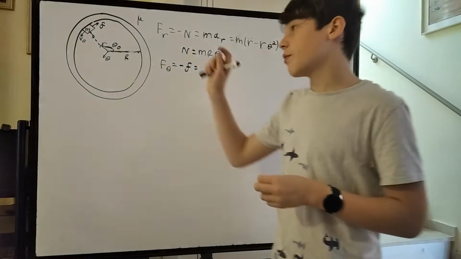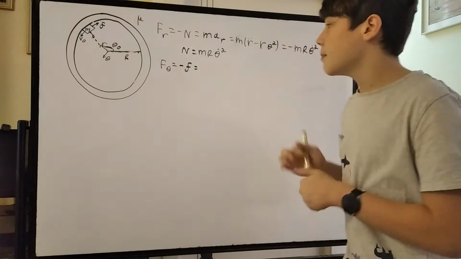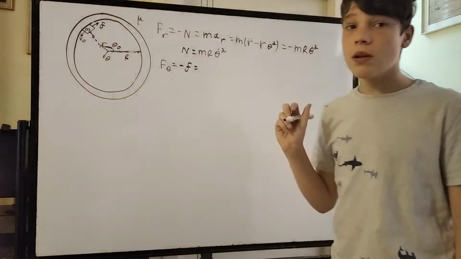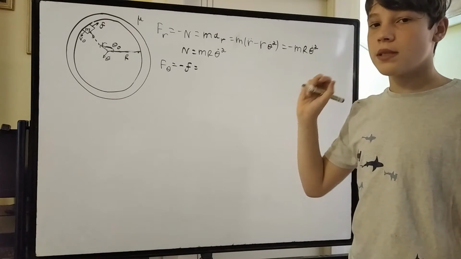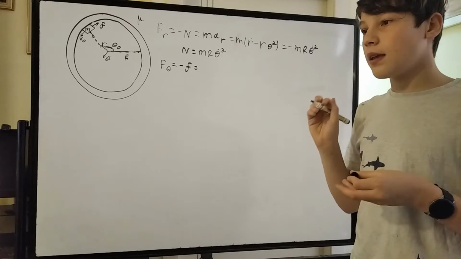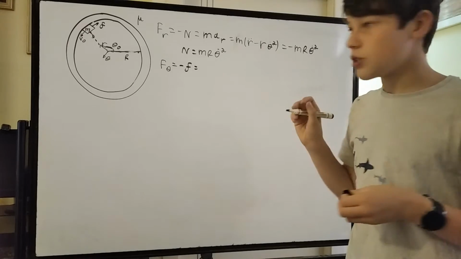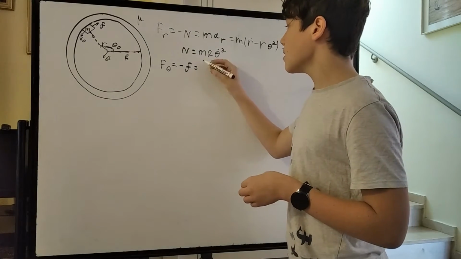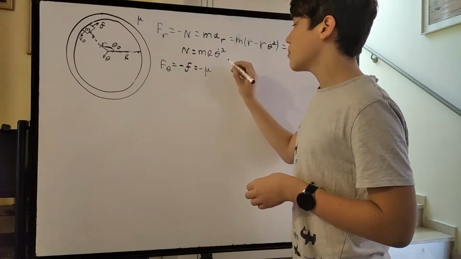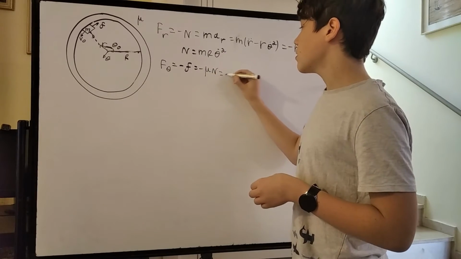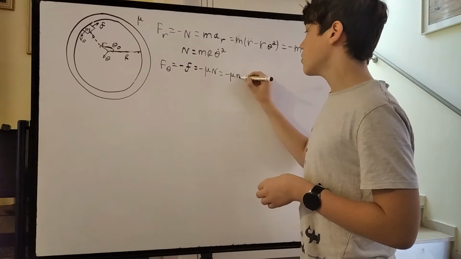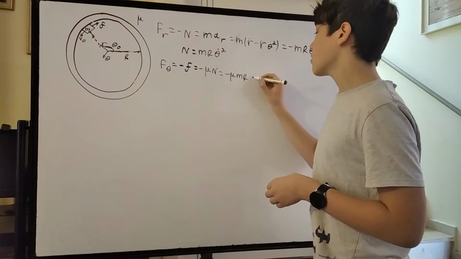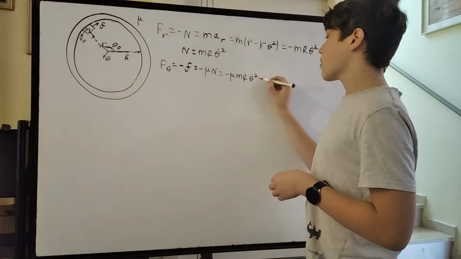Meaning that our friction is kinetic friction, meaning that it is equal to normal force times the kinetic friction coefficient, aka negative mu N, which is negative mu m r theta dot squared.